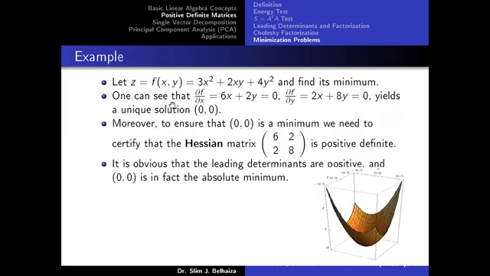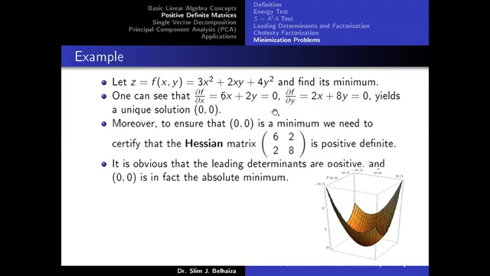So for example, for this application, I have f of x, y equals 3x squared plus 2xy plus 4y squared. And if you compute the first derivatives, the f of dx and the f of dy, you obtain two simple, beautiful linear equations here.